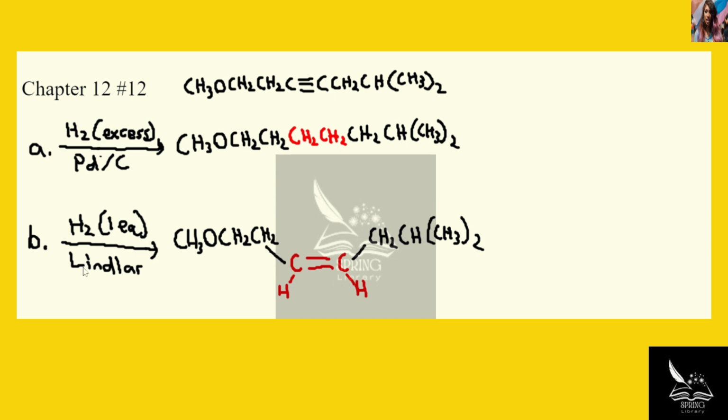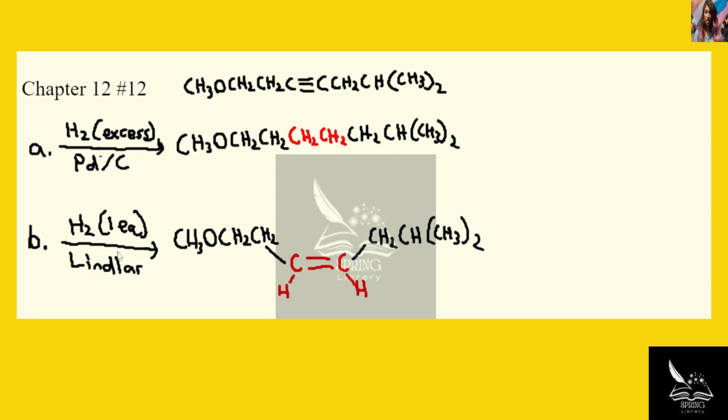So the next part of the problem, B, is asking us to treat the same starting material, but this time with 1 equivalent of hydrogen gas and using Lindlar's catalyst instead of just palladium on carbon. And so we know that Lindlar's catalyst is going to produce a cis alkene. And we also know that Lindlar's catalyst is not going to allow for the further reduction of that alkene to an alkane.